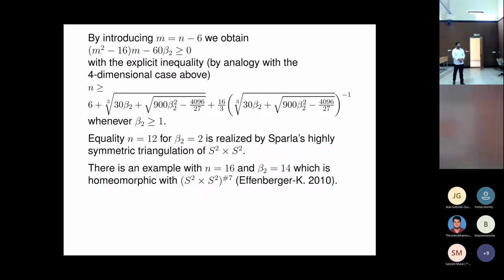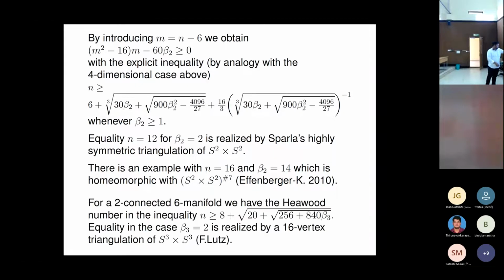Now for n equal to 12 and β2 equal to 2, the equality is realized by Sparla's highly symmetric triangulation of S2 × S2. And for n equal to 16 and β2 equal to 14, there is an example, a 16-vertex triangulation of a space which is homeomorphic to 7 copies of S2 × S2, given by Effenberger and Kühnel in 2010.